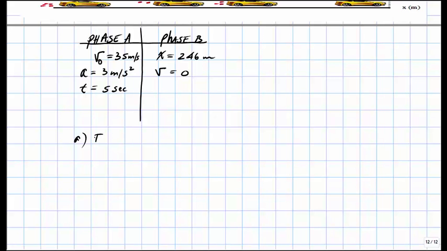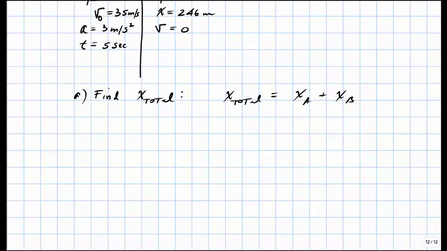So in Part A, once again, we want to find the total distance. We'll call that total distance x total, and we'll note that x total equals the distance traveled in phase A plus the distance traveled in phase B. We noted that xb is already known, put a check mark there.